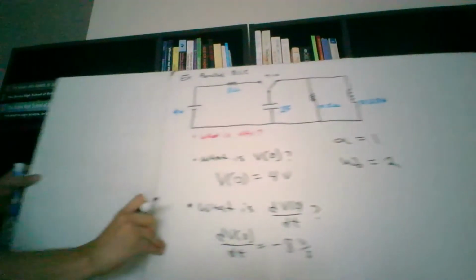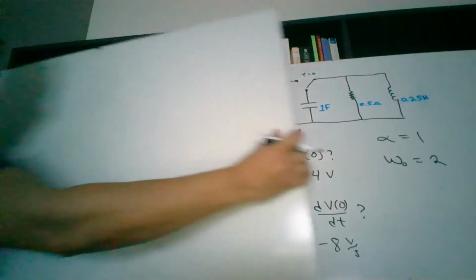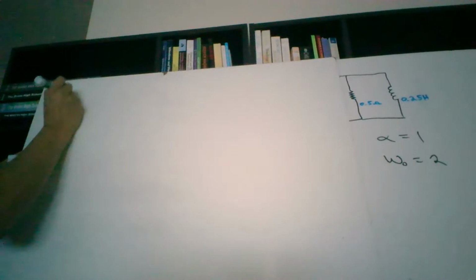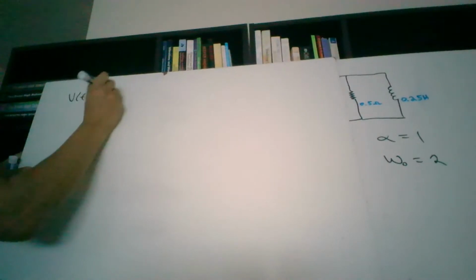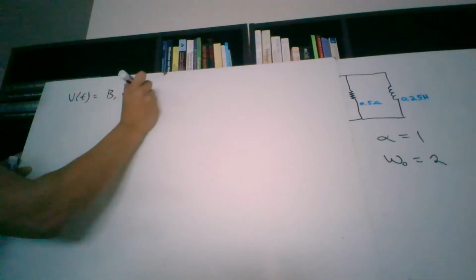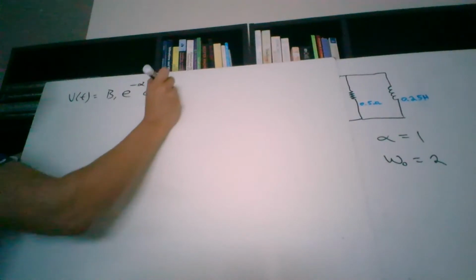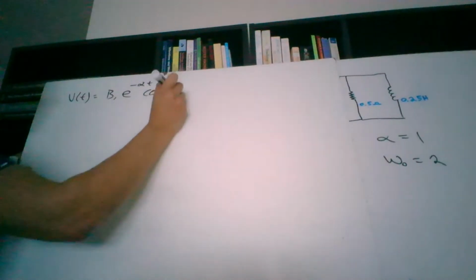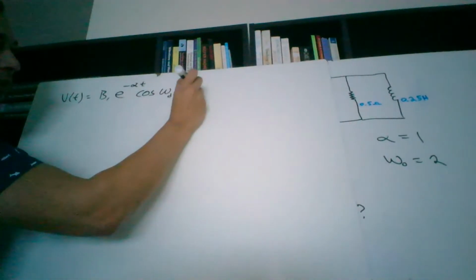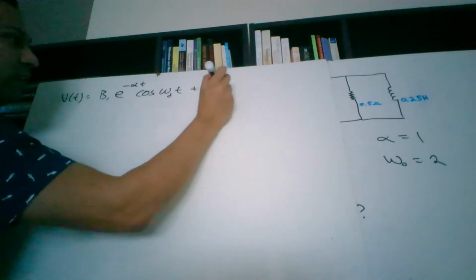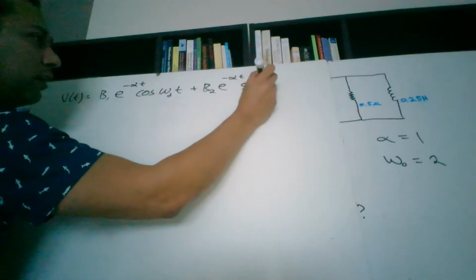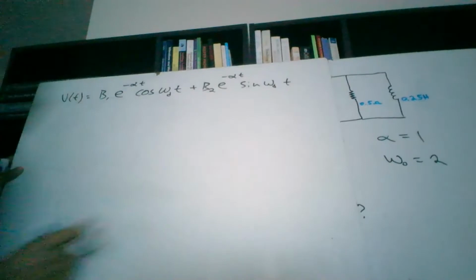So for the underdamped, the equation was V as a function of t is equal to B1 e to the power minus alpha t cosine of omega damped times t plus B2 e to the power minus alpha t sine of omega damped times t.